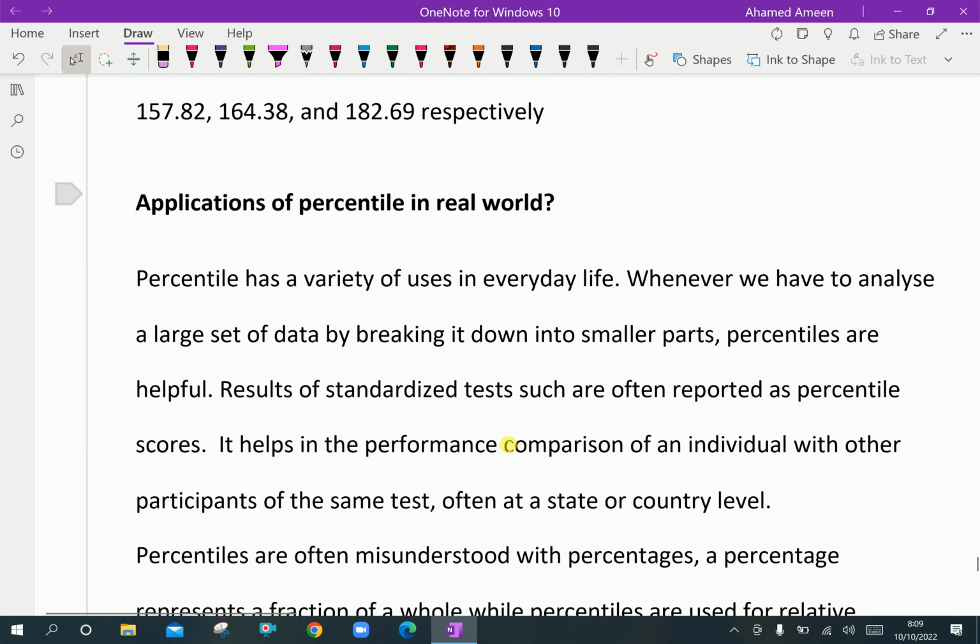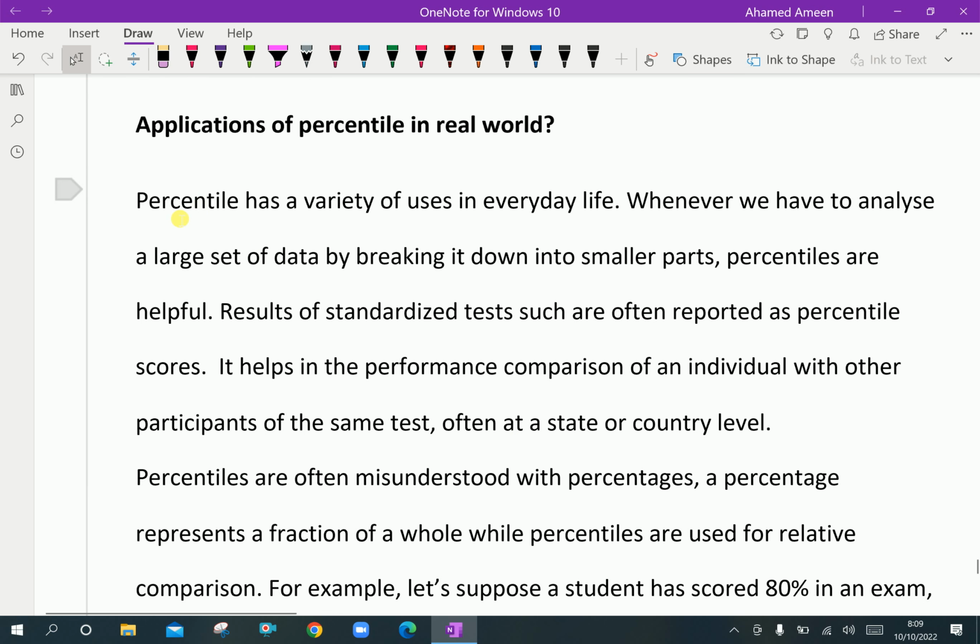Application of percentile in the real world. Percentiles have a variety of uses in everyday life. Whenever we have to analyze a large set of data by breaking it down into smaller parts, percentiles are helpful. The results of standardized tests, such as competitive exams, are often reported as a percentile score.